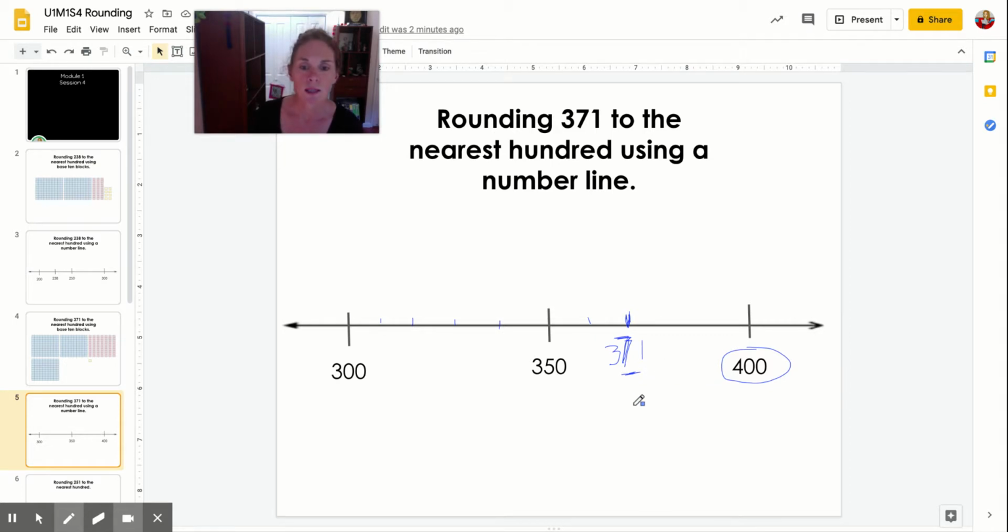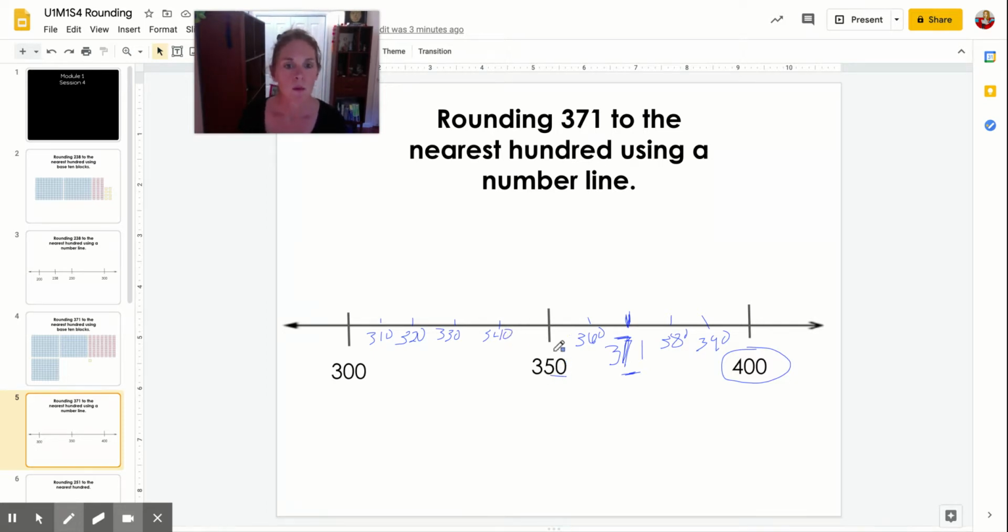So if your tens place is 5, 6, 7, 8, or 9, you round up because 350, 360, 70, 380, and 390 are all between the midpoint and the next 100. And if you round down, you're rounding these numbers, 310, 20, 30, 40.